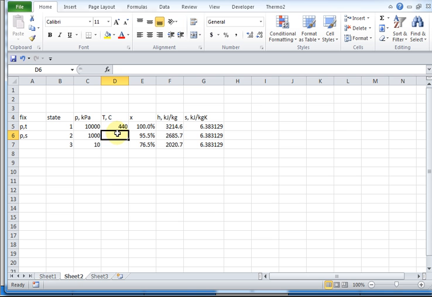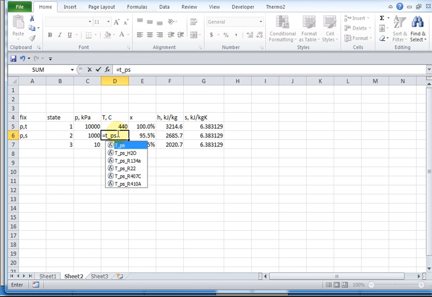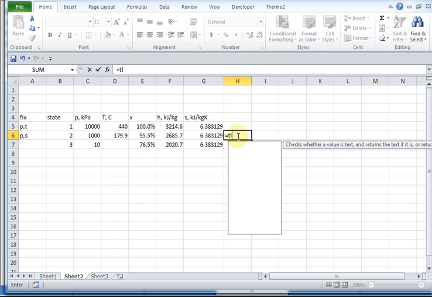How about this? Let's get the temperature as a function of pressure and entropy. Will it allow me to do that? Sure. For steam. So there's the pressure, and here's the entropy. And notice that's coming in right there. I'm just going to show you something. What is the temperature for saturated liquid?